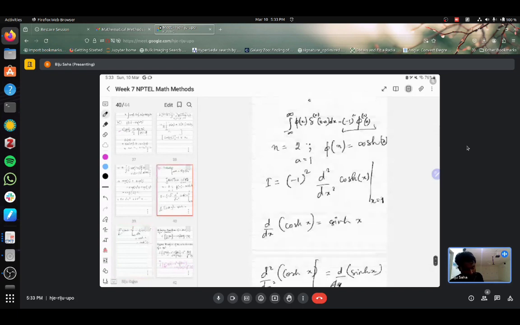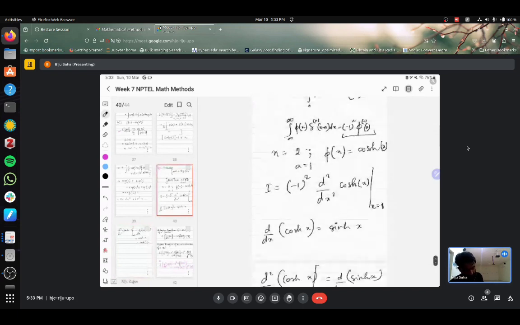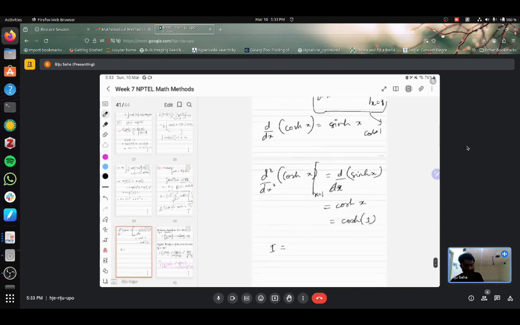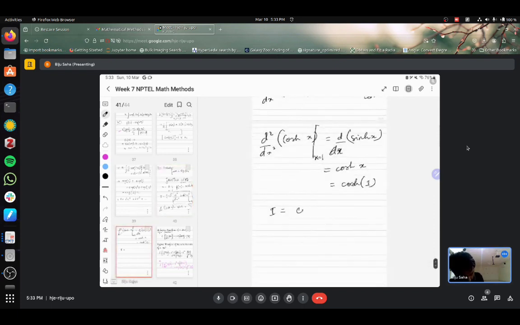So with that, our integration result is cos hyperbolic 1.